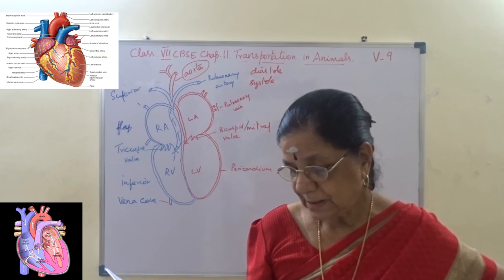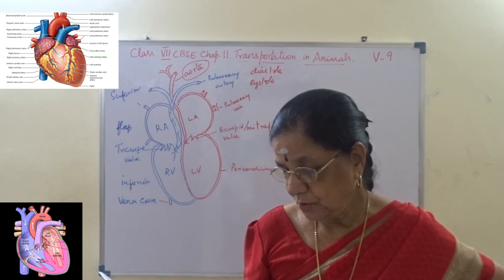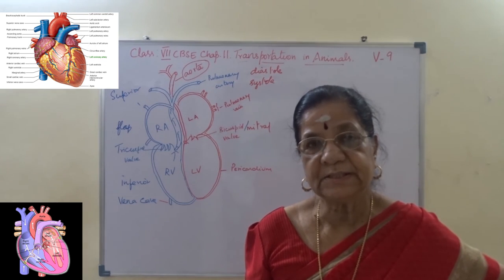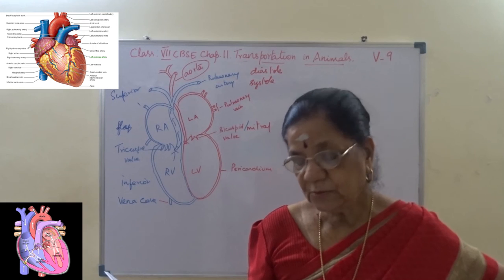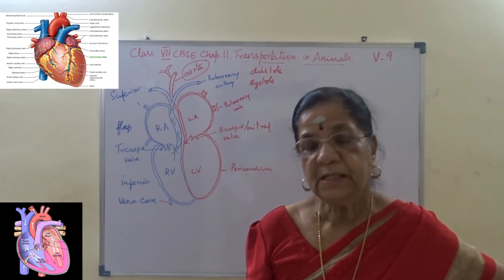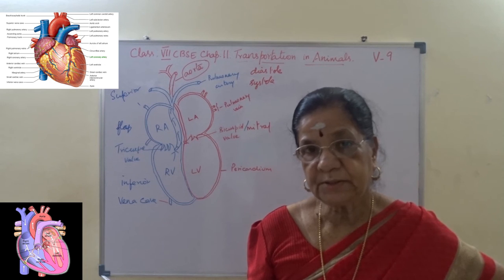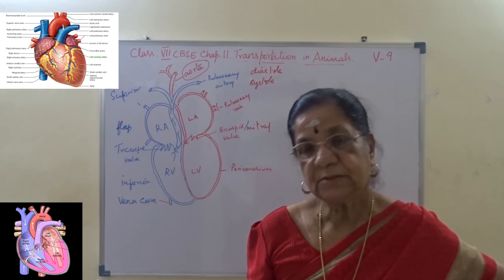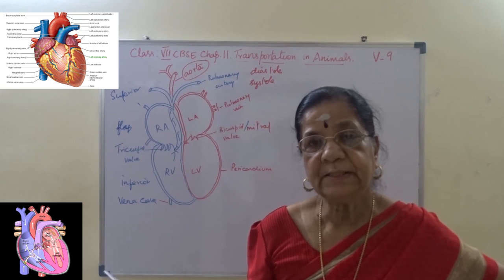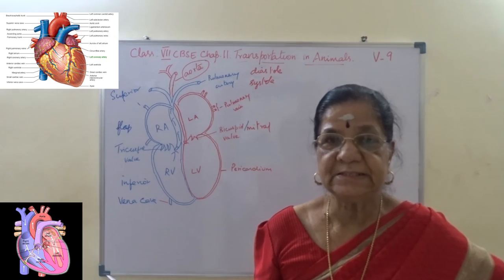Blood pressure is the force exerted by the flow of blood against the walls of the main arteries while flowing through them. The normal BP is 120 by 80 mmHg.